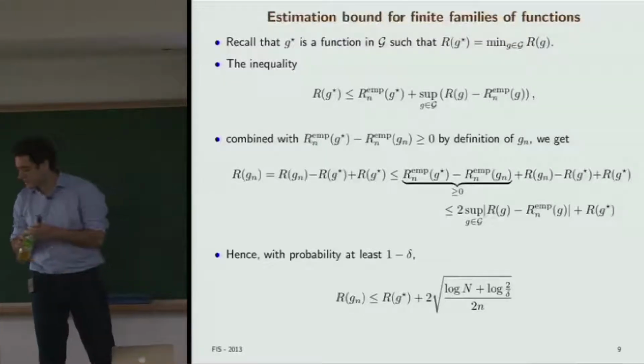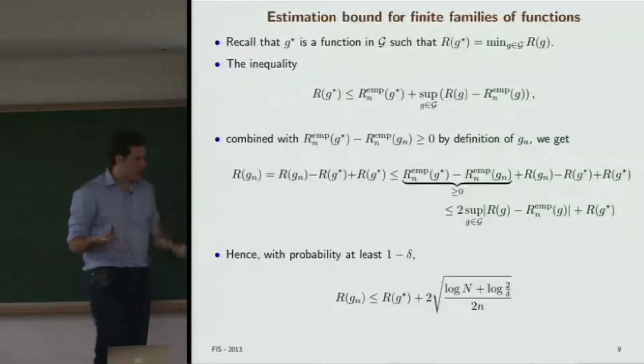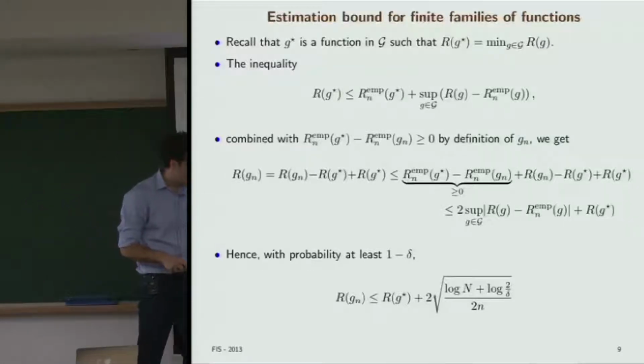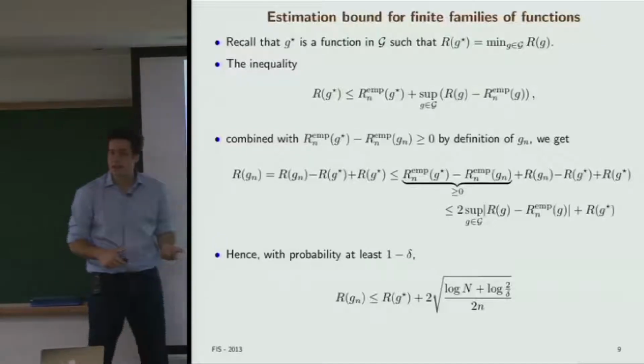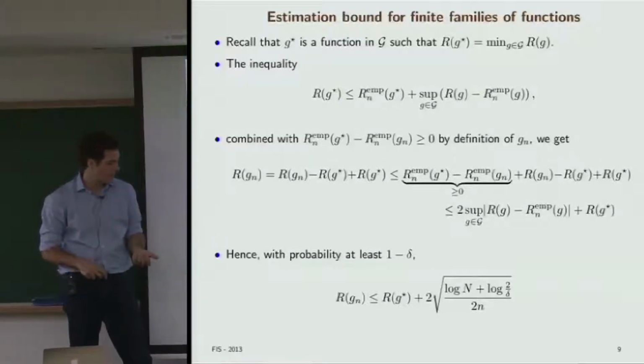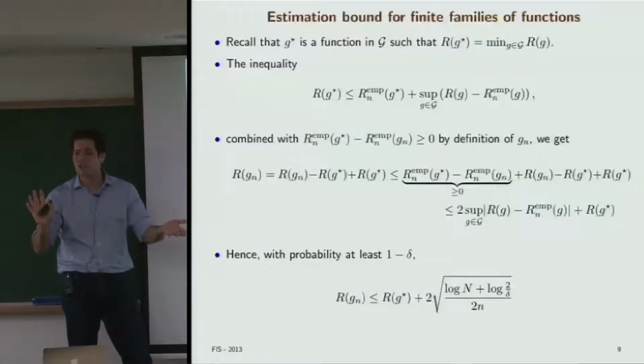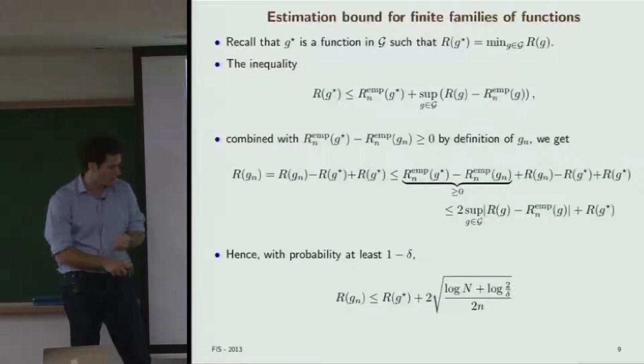And what you can see is that those bounds are controlled by big N, the number of functions, and small n, the number of points. And they go in opposite directions. If I have a lot of functions, my bound will be looser, so I would have less guarantees. If I have a lot of points, my bounds will be smaller, so we'll have a better guarantee.